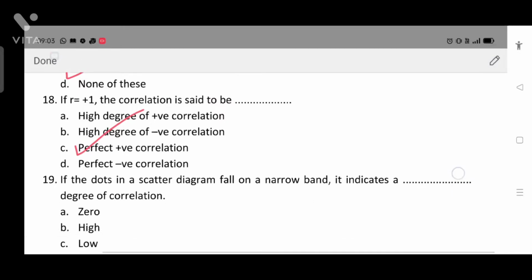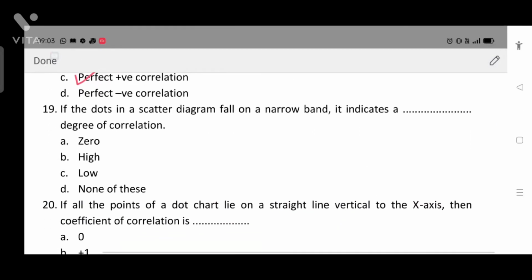Question 19. If the dots in a scatter diagram fall in a narrow band, it indicates a dash degree of correlation. A, B, C, D. Answer B. High correlation.